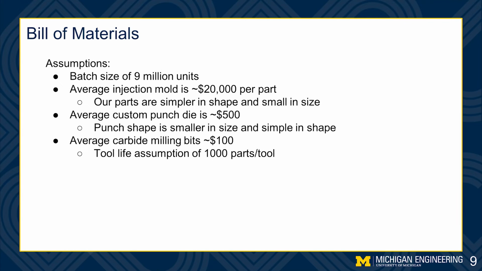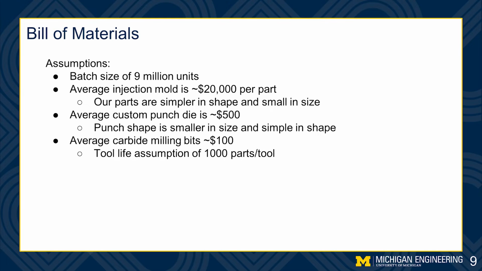Now we will begin talking about our bill of materials. Before we go through our bill of materials, we're going to state some assumptions that we have. Firstly, our batch size is 9 million units. We're going to be focusing our bill of materials on the consumer variant. Secondly, average injection mold is about $20,000 per part due to our simpler shapes and smaller sizes for our parts.